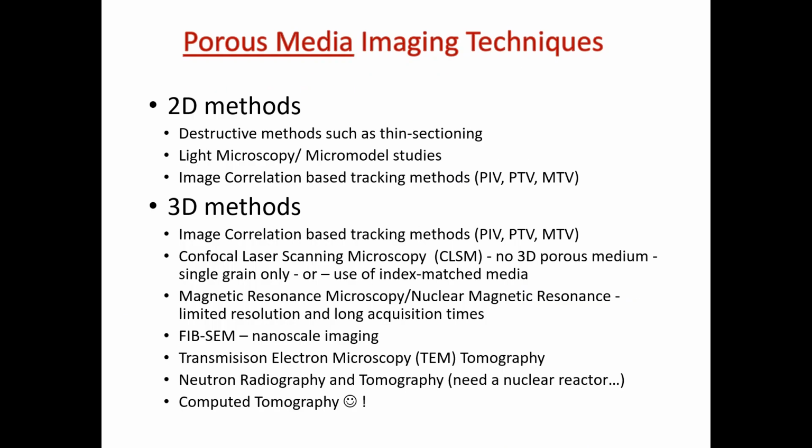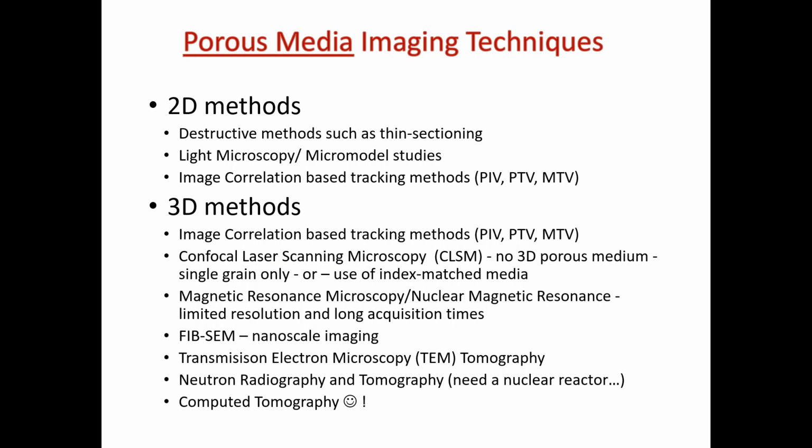All right. Now, in other 3D methods, there's confocal laser scanning microscopy. So you can zoom in with a microscope. You do need transparency or light going through the medium, but you can zoom in on a plane within the medium. It used to be that you just zoomed in on one plane and you're looking at a 2D image of it.